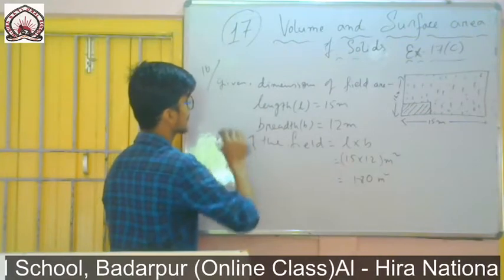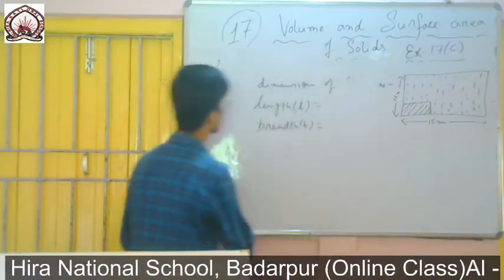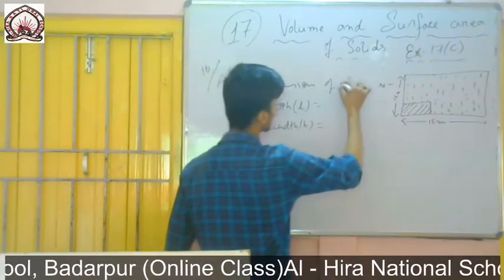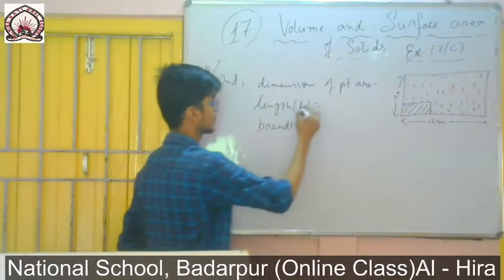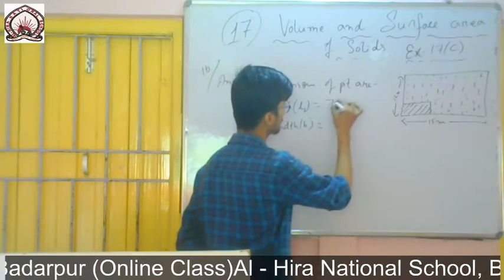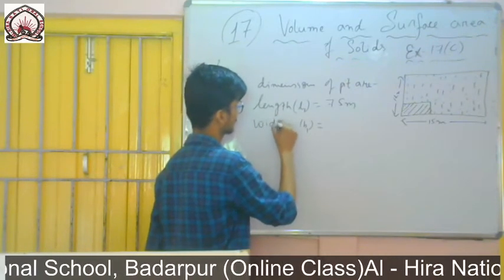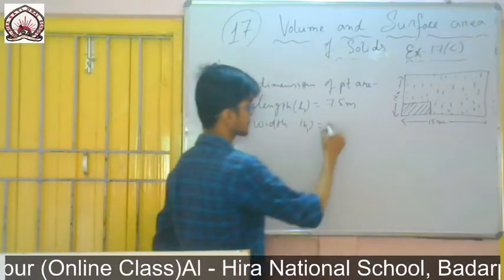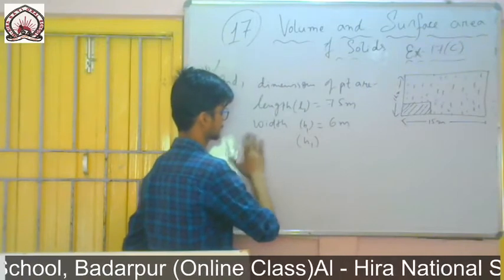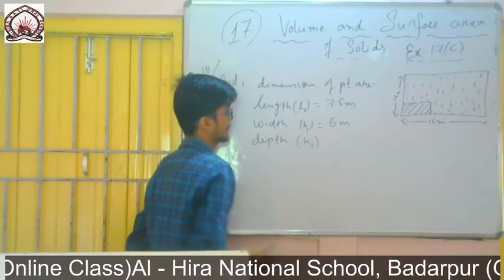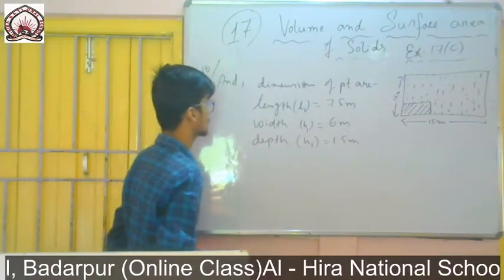For this, first of all I will write the dimensions of the pit. Dimensions of pit are: length L1 is equal to 7.5 meter, breadth or width B1 is given as 6 meter, and height or depth H1 is given as 1.5 meter. So now I will find the volume of the earth that is taken out.